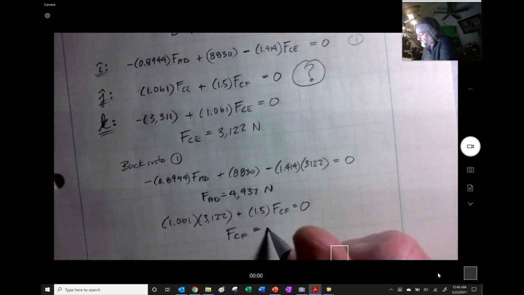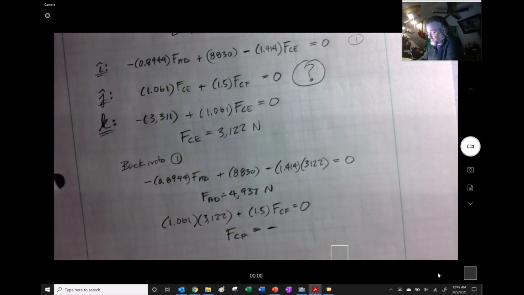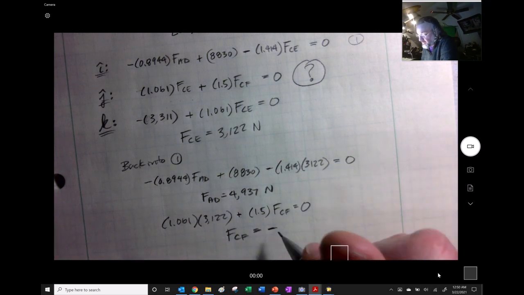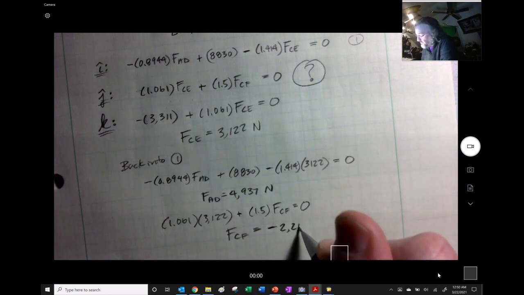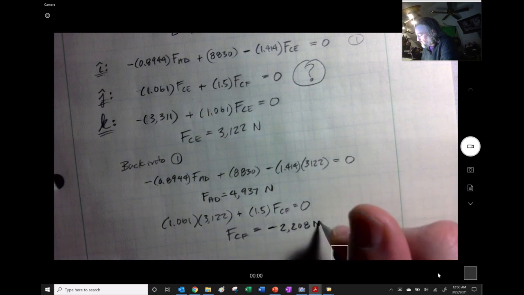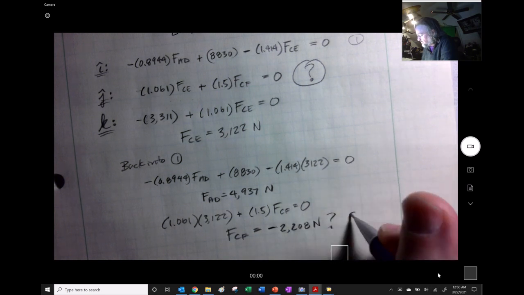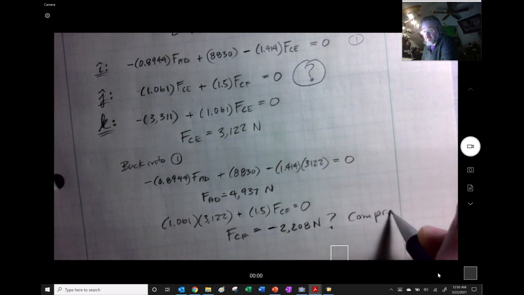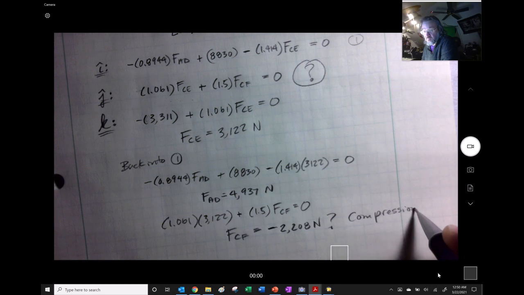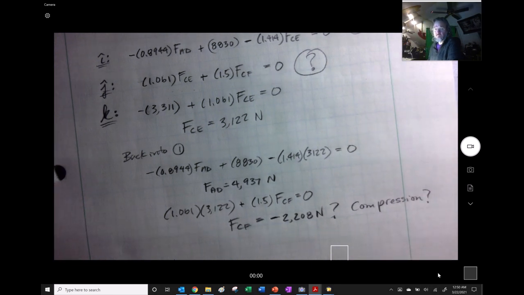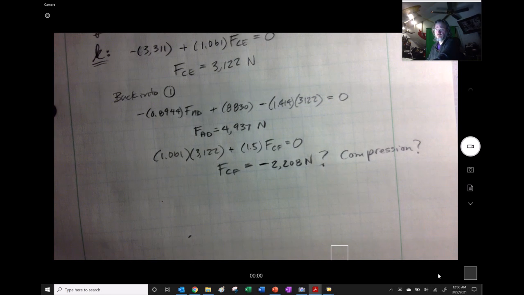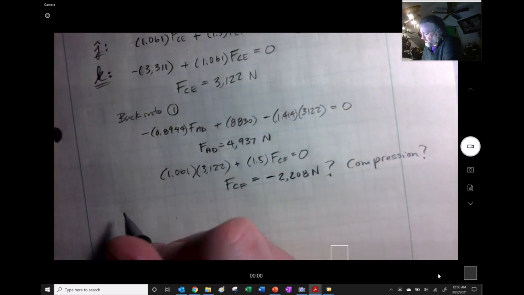FCF is equal to negative 0.61... 3122 times 1.5 divided, 2,208 newtons. This should be compression. All right, but let's do the rest of it.